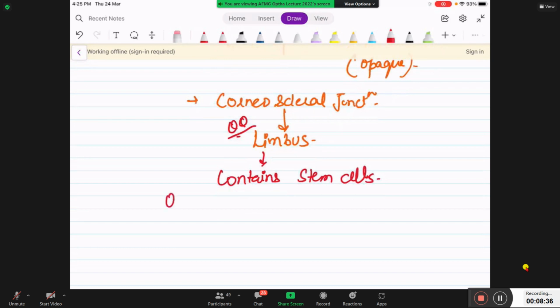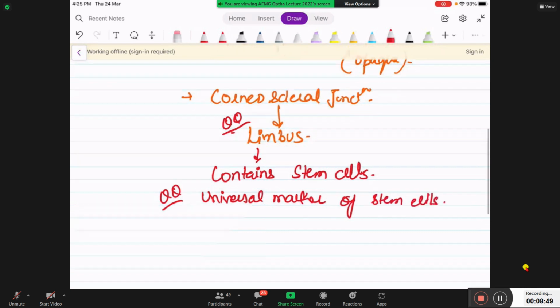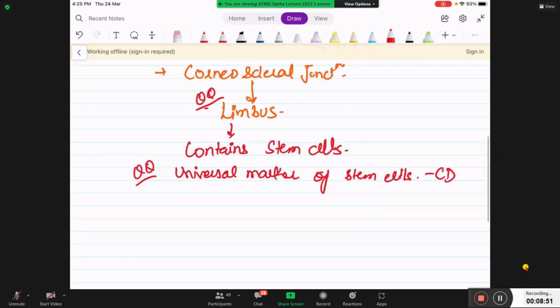Now, write down an important question. The universal marker of stem cells is CD34. Here comes your exception: except limbal stem cells.